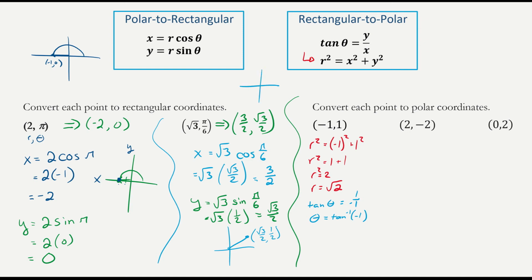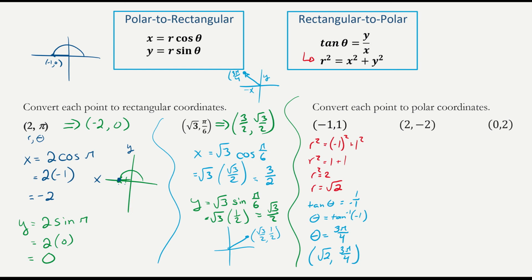Because it's tangent of -1, the ratio between the y and the x is the same. So it's going to be a 45-degree angle. And over here, the x is negative and the y is positive. So 3 pi over 4. So theta equals 3 pi over 4. So we have the point square root of 2, comma, 3 pi over 4.